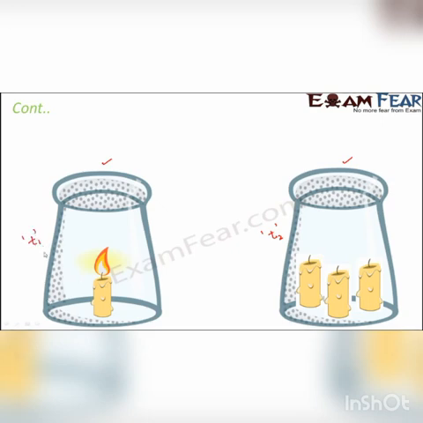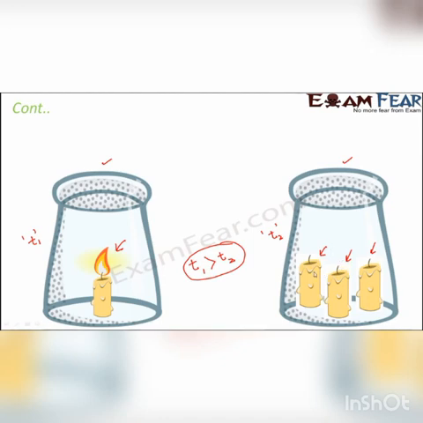So which will be more? We will see that T1 is greater than T2, because the amount of air available in both the cases is the same, because the glass is of the same size. But in this case, there is only one candle to consume that air, while in this case, there are 3 candles to consume oxygen from that air. So the contenders are more. Therefore, each of them gets only 1/3 of the air which is present inside the glass.